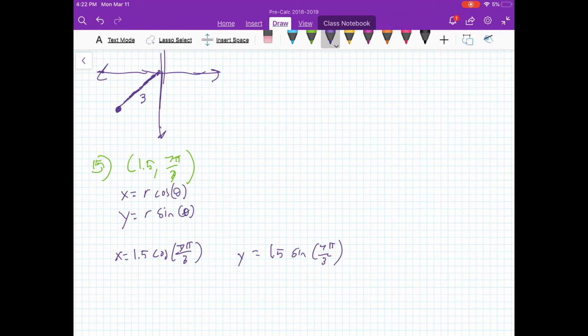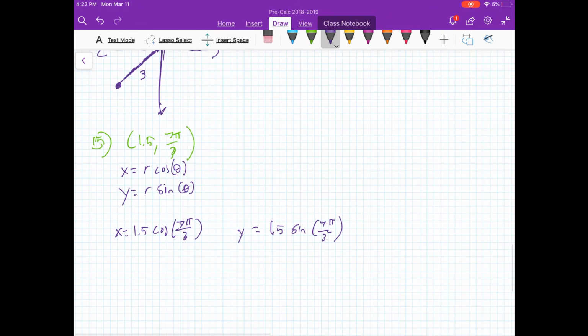It would be something around the ballpark of, I suppose, 3/4 for x, and y is a bit different. That'd be 3 times the square root of 3 over 4.